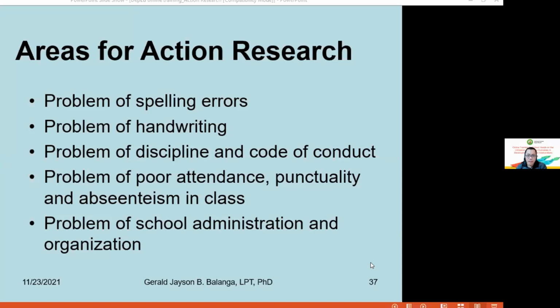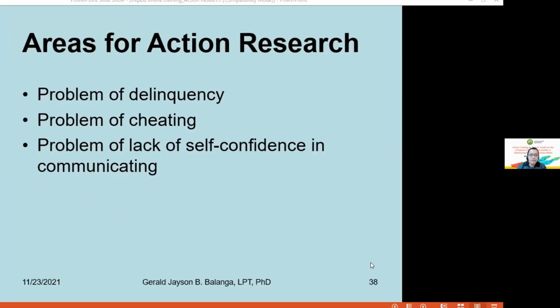Although in this pandemic time, hindi siya masyadong issue. Pero sa punctuality, pwede doon sa punctuality of the submission of LAS. Problem of school administration and organization. Problem of delinquency, cheating. Lack of self-confidence in communicating.